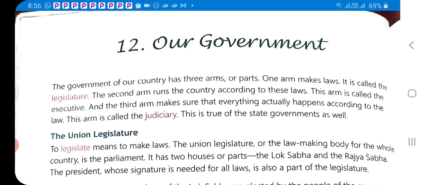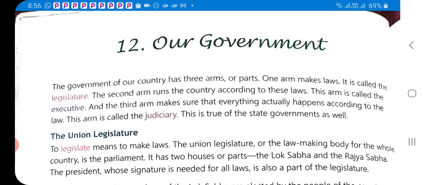So, first, you should know the meaning of the government. What is a government? Government is an institution which runs our country. Government has three organs or three arms. One arm that makes laws for the country is called legislature. The second organ of the government is executive, which runs the country according to these laws.